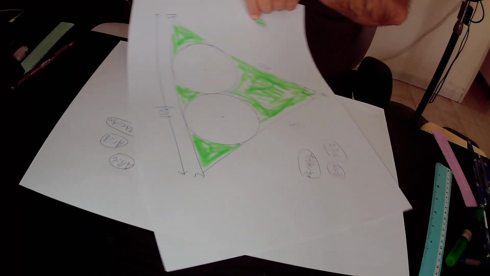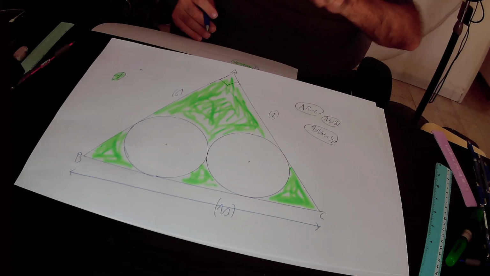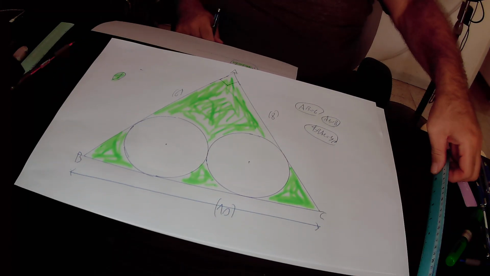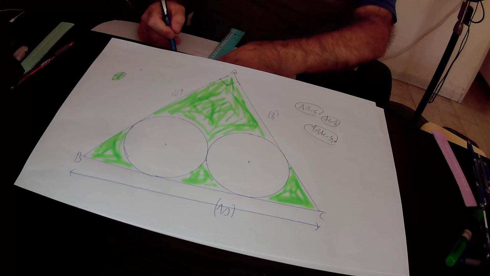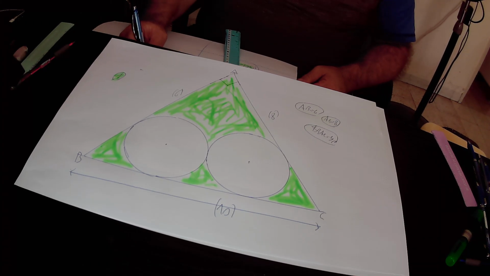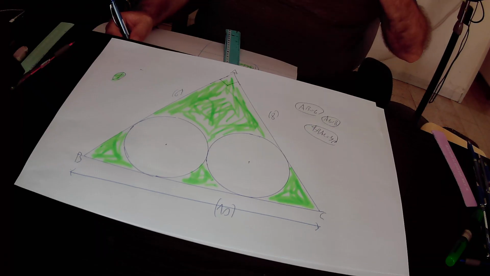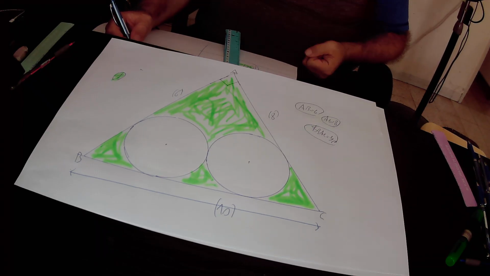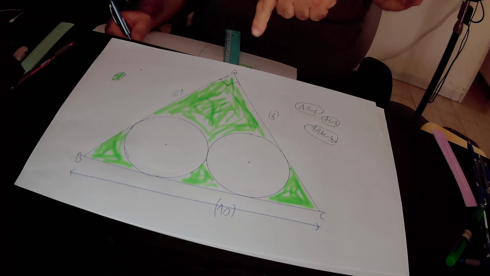What is the area of triangle ABC? What is the area of the right triangle, triangle ABC? Actually, we know that the area of any triangle equals the base of the triangle times the height over 2. We'll choose the base as AB.